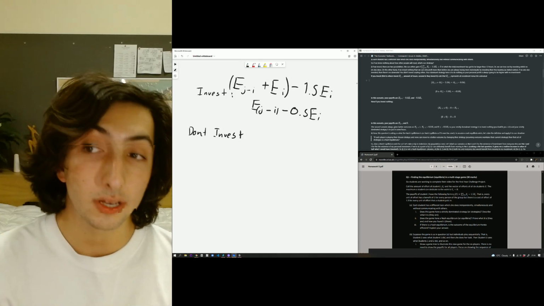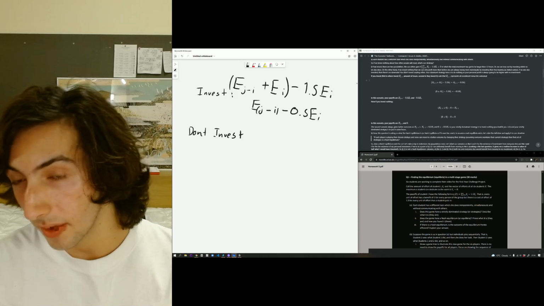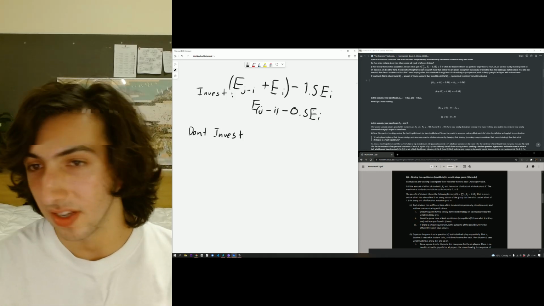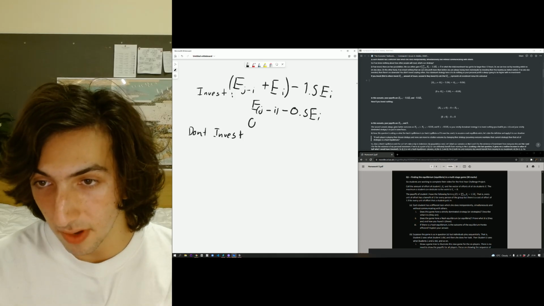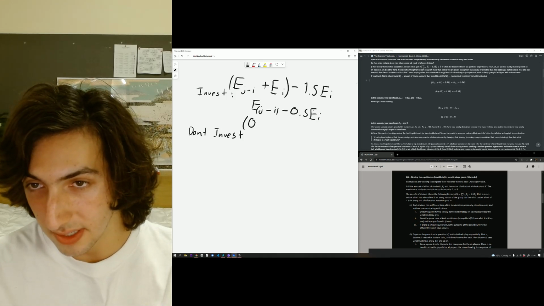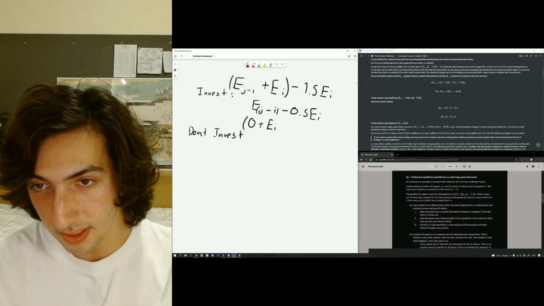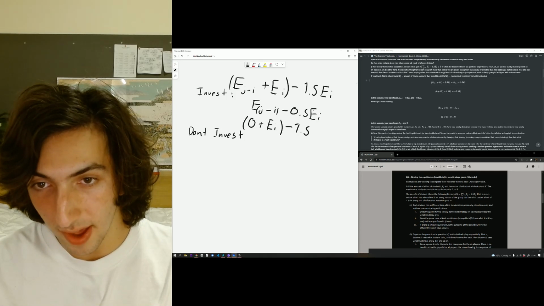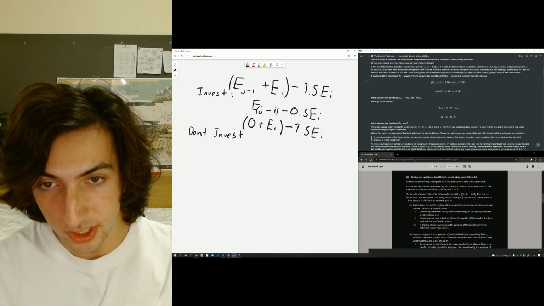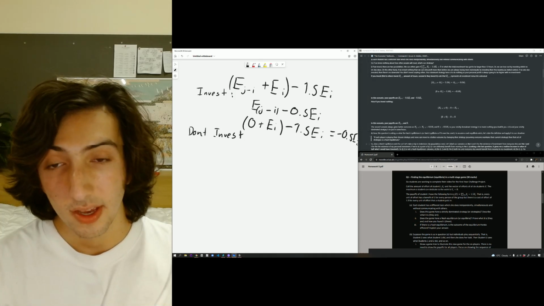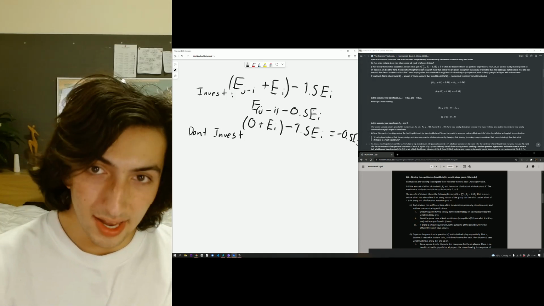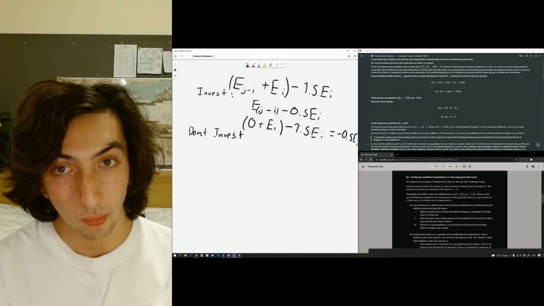So we will be worse off if we invest here than if we just left it alone. This will be the same if no one else invests. If no one else invests, then we set E_{-i} to 0, and we're left with 0 plus E_i minus 1.5 E_i, which is just minus 0.5 E_i. This means that in any case, we are subtracting what we are investing.